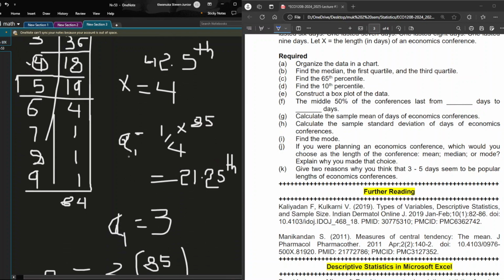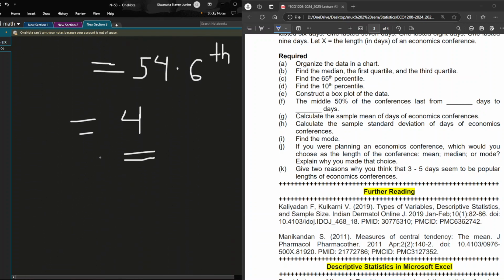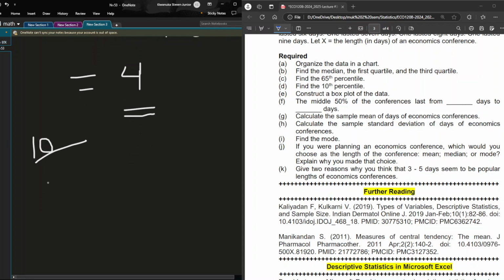Then the 10th percentile, and then construct the box plot. 10th percentile will still be 10 over 100 times 84. And our answer we get is 8.4 value.